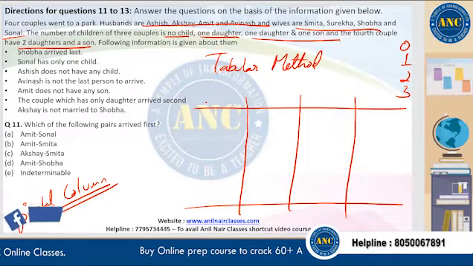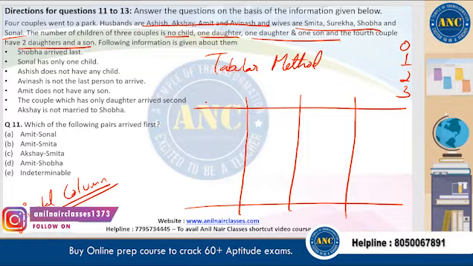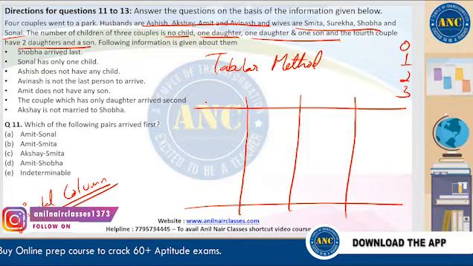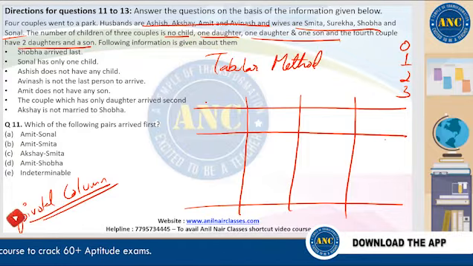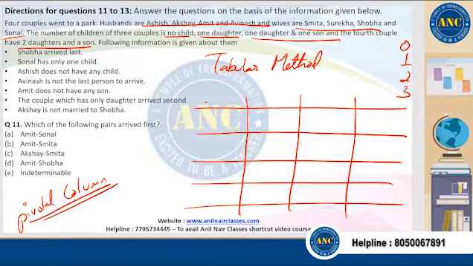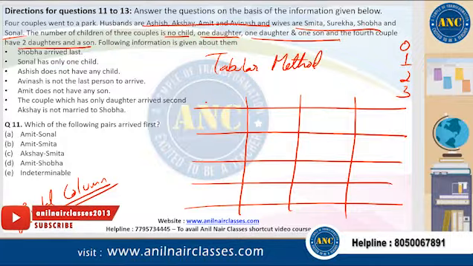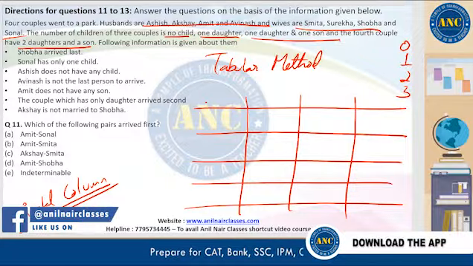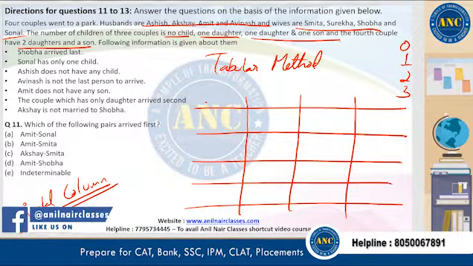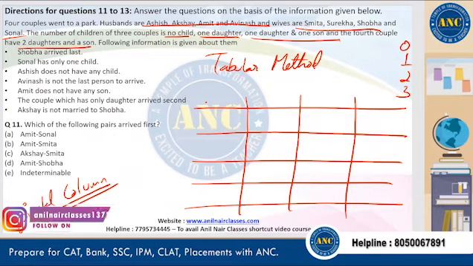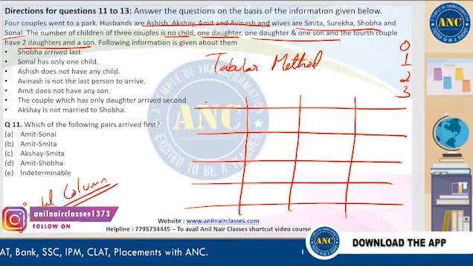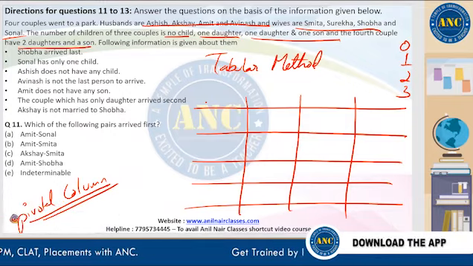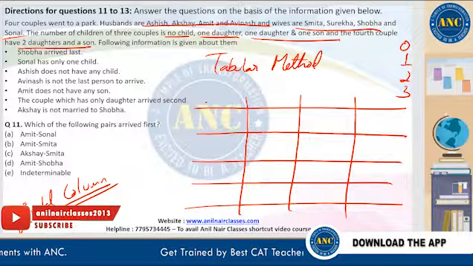There are 4 cases, and additional information is given on all of this. That's all going good. But let's read the clues for a while. Shobha arrived last. Sonal has only one child. Ashish does not have any child. Avinash is not the last person to arrive. Amit does not have any son. The couple which has only a daughter arrived second. And Akshay is not married to Shobha.